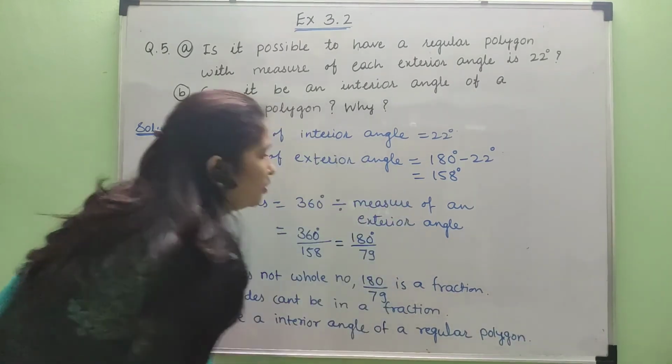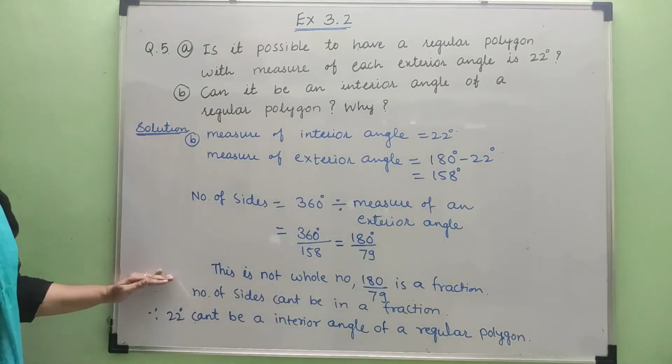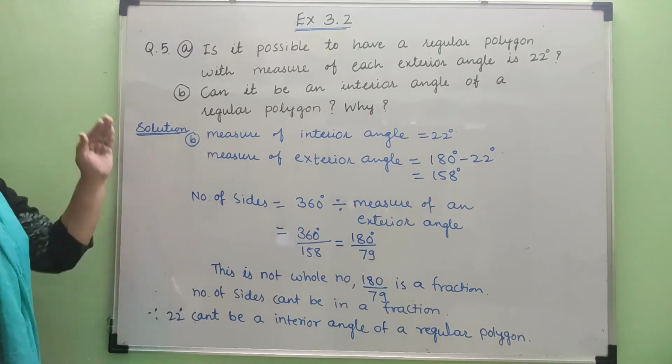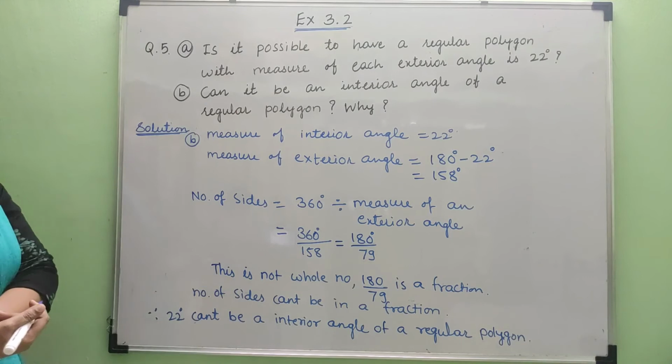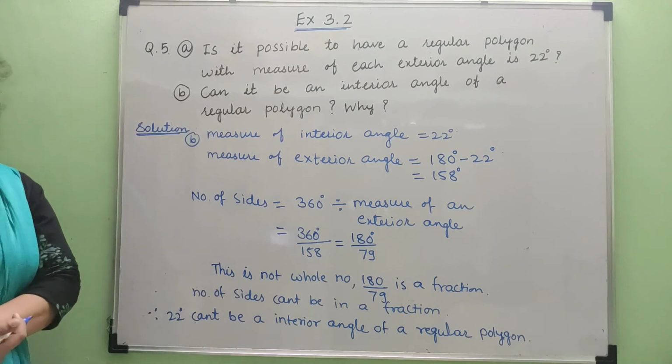So with reasons we have proved why a 22 degree angle can't be an interior angle for a regular polygon.